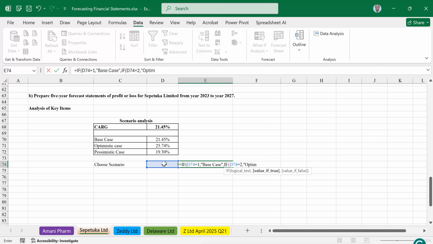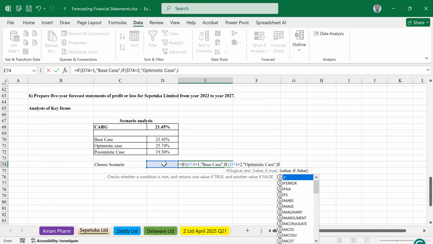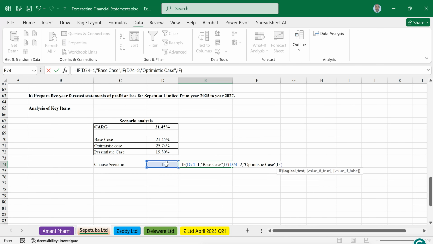Optimistic case. Close the quotation, comma, if, again tab, the same cell, the D74 in my case, is equal to 3, then the formula should give you the last part, which is pessimistic case.